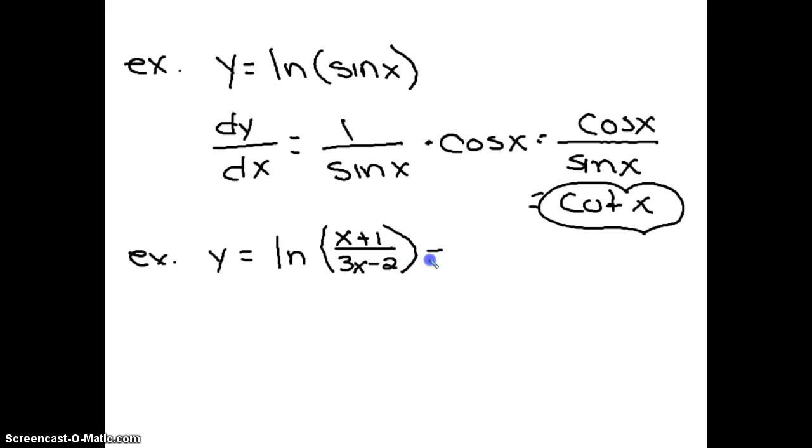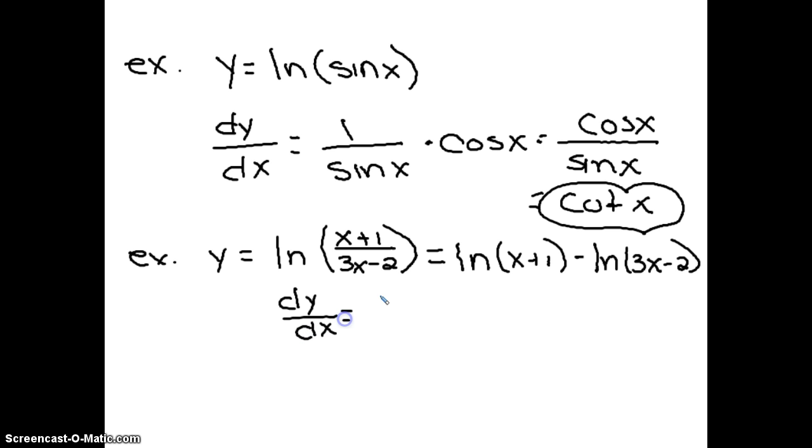And if I say, wait a minute, this is a log, so I can rewrite the original problem as the ln of x plus 1 minus the ln of 3x minus 2, then the derivative of this is a lot easier, because then I can just say, all right, the derivative of this is 1 over this quantity times the derivative of that quantity, which is 1, minus 1 over 3x minus 2 times the derivative of that, which is just 3.